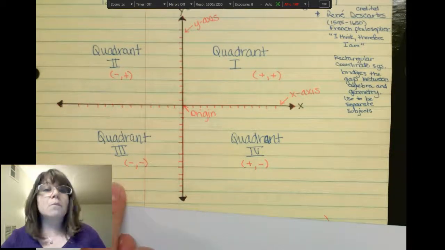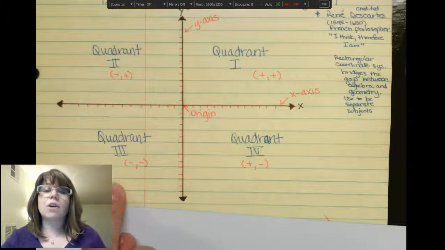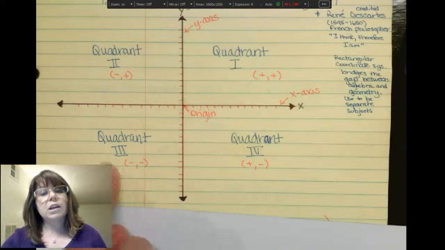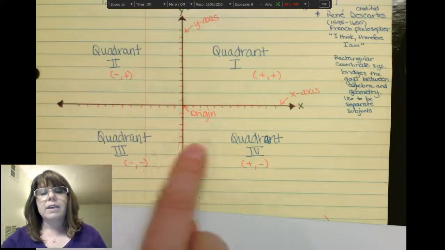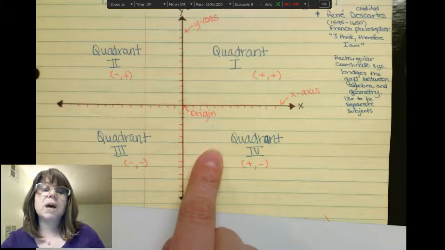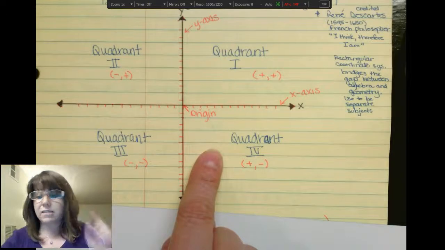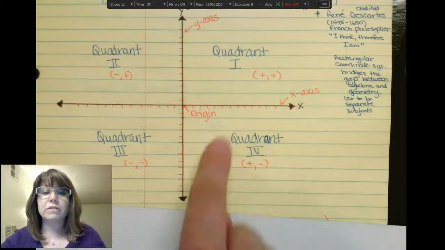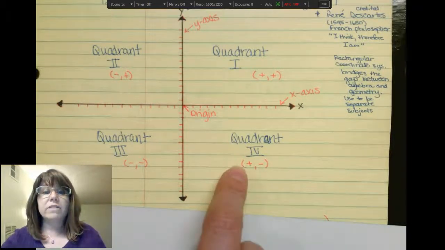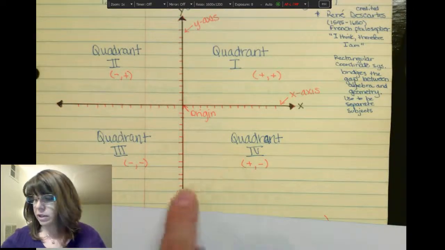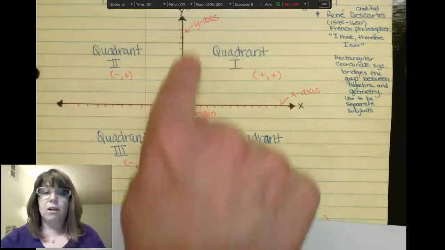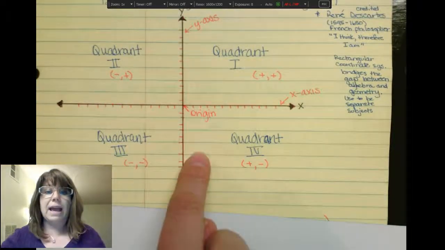If both our x and our y values are negative, then it's going to reside in Quadrant 3. And finally, if our x is positive and our y is negative, then it's going to reside in Quadrant 4. If one of those values, the x value, is 0, it's going to lie on the y-axis.